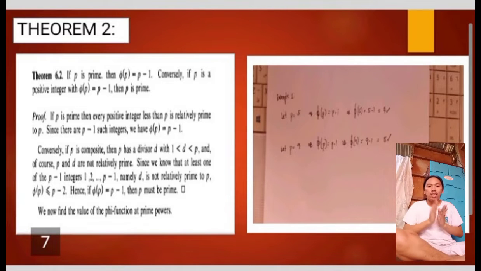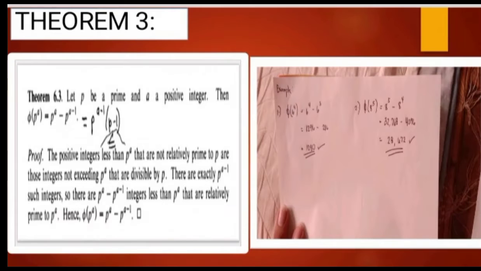Since we know that at least one of the p minus 1 integers, namely d, is not relatively prime to p, phi of p is less than or equal to p minus 2. Hence, if phi of p is equal to p minus 1, then p must be prime.